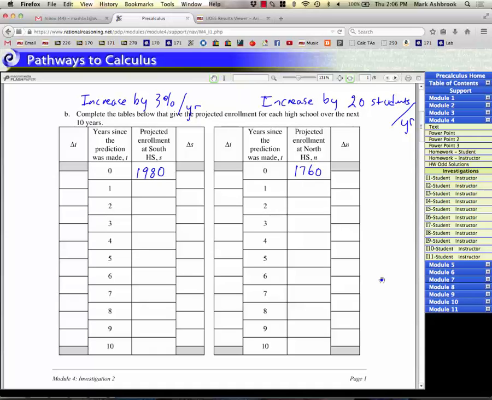Okay, so just do like the first 5 years, or even just 4. First 4 years for both schools: delta T, output quantity S, delta S, delta T, output quantity N, delta N.